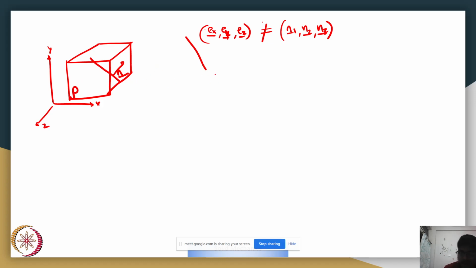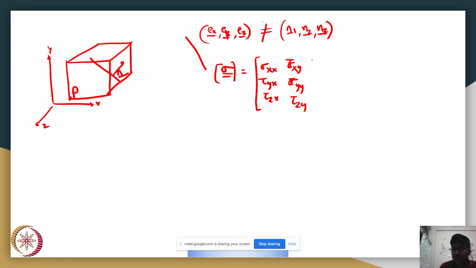If we look at the stress tensor at point P, it will be sigma xx, tau yx, tau zx; tau xy, sigma yy, tau zy; tau xz, tau yz, and sigma zz.